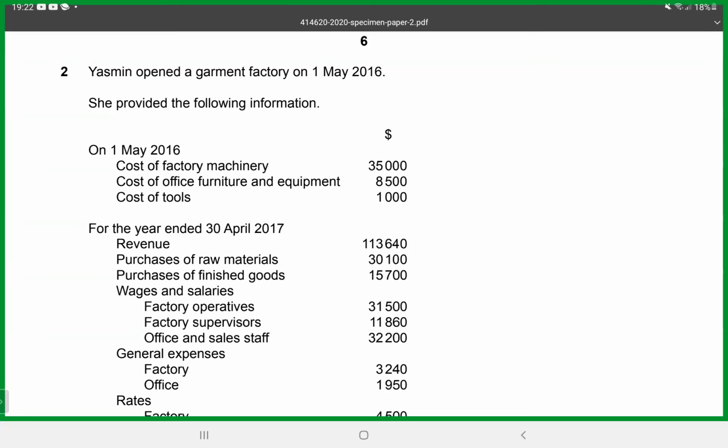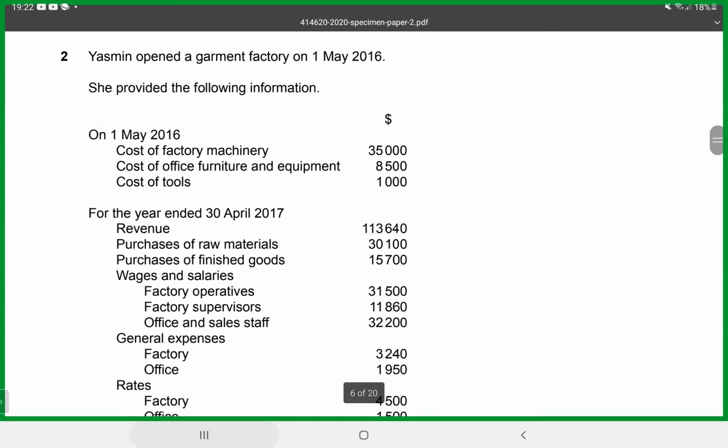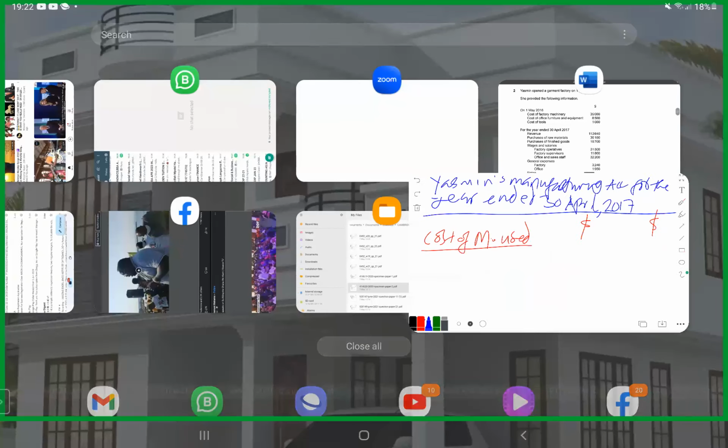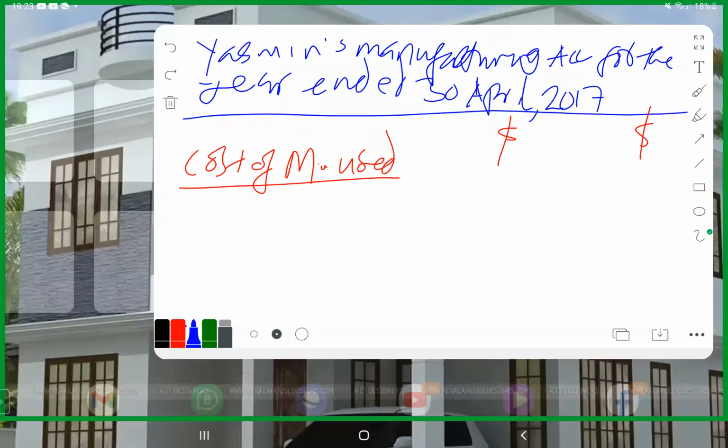I can't see any. Okay, so we don't have opening stock. So if you don't have opening stock, we go direct to the purchases of raw materials, right? To opening stock, you add purchases of raw materials. So let's check, do we have any purchases?